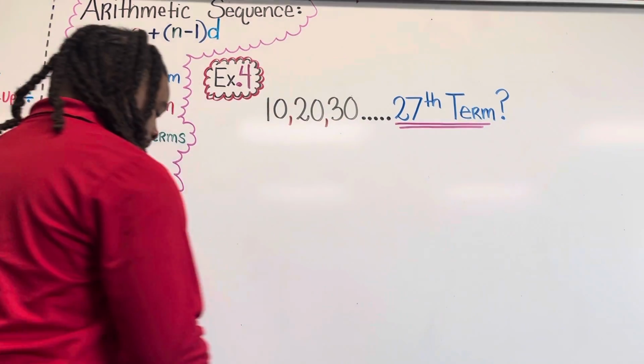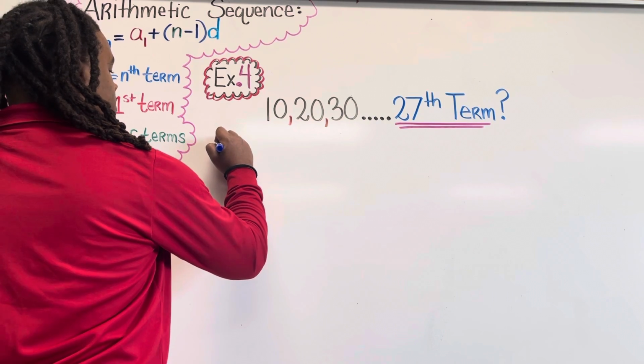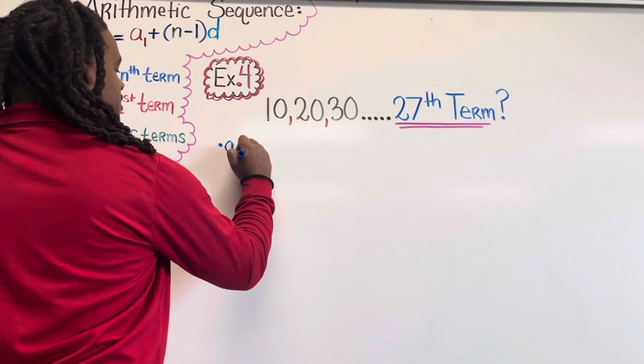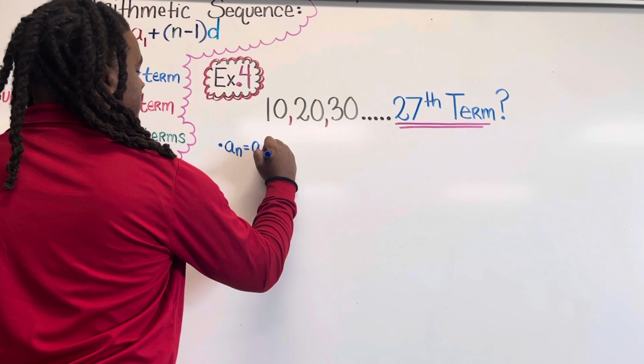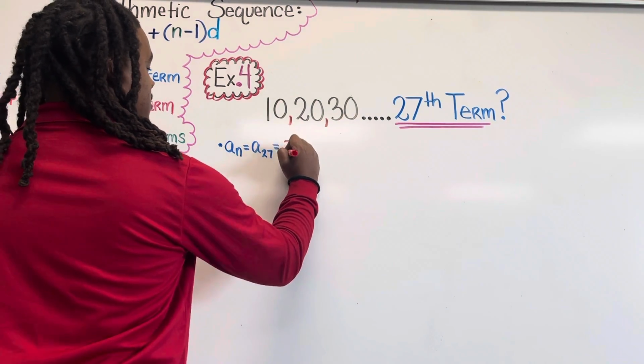So a_n, right, we're trying to find the 27th term. So in this particular case, a_n is going to equal a_27, and that is what we're trying to find, so I'm just going to put a question mark.